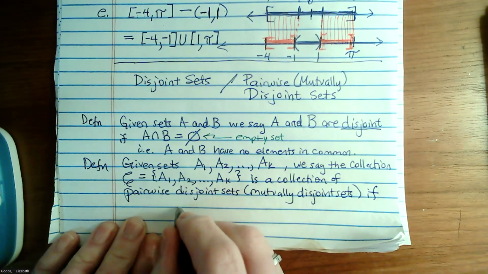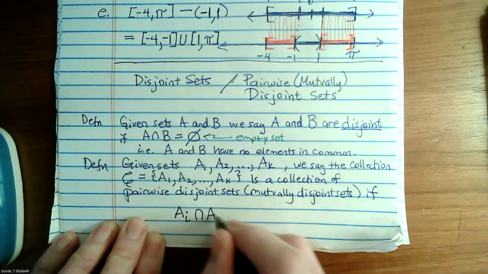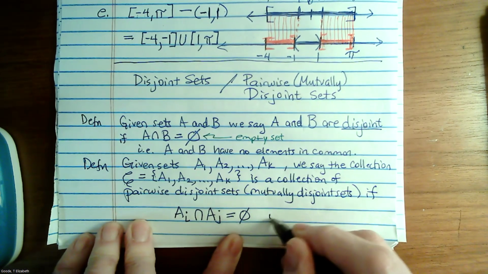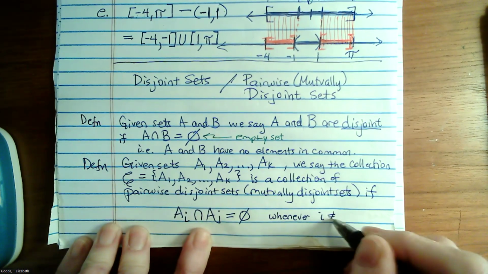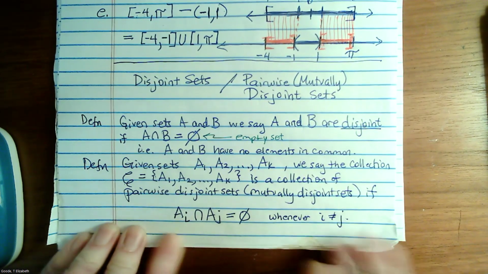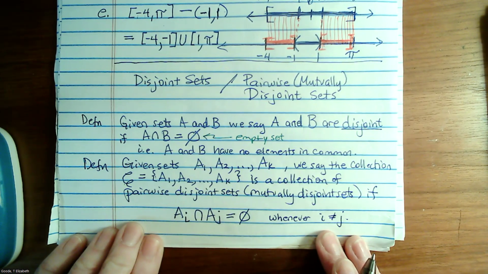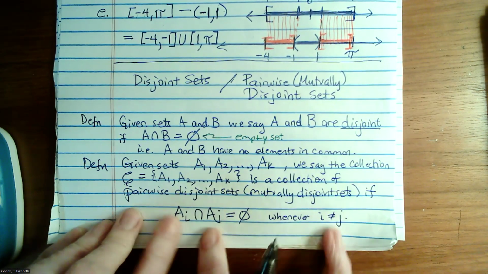We say that mathematically, A_i intersect A_j is equal to the empty set whenever i is not equal to j. That's the way that we mathematically say a collection of sets have no elements in common pairwise.